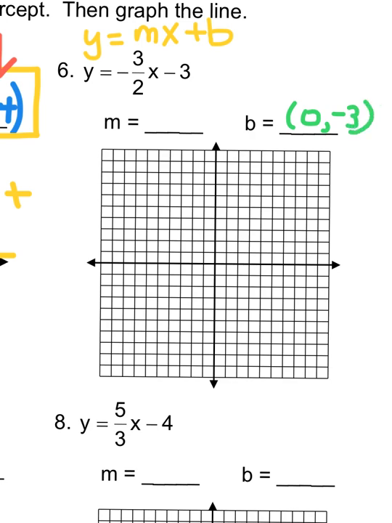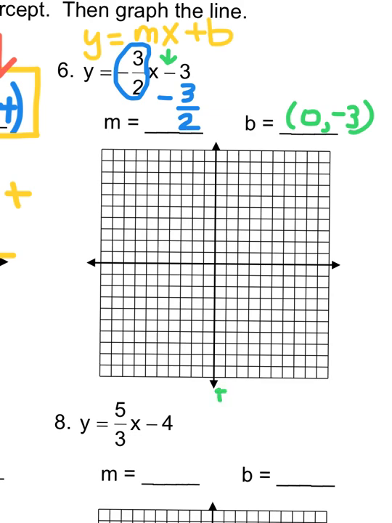Be sure to note that this is a negative y-intercept. The slope is the coefficient in front of the x. It is negative 3/2. So let's begin with our point (0, -3).